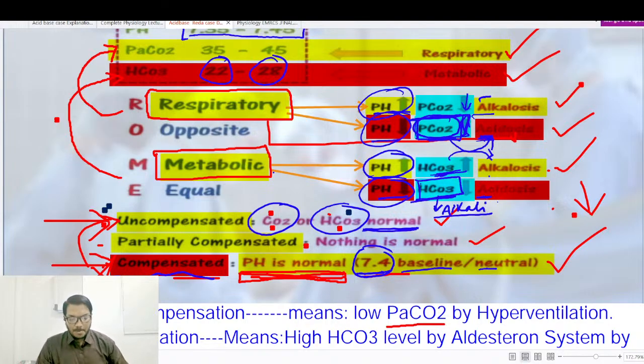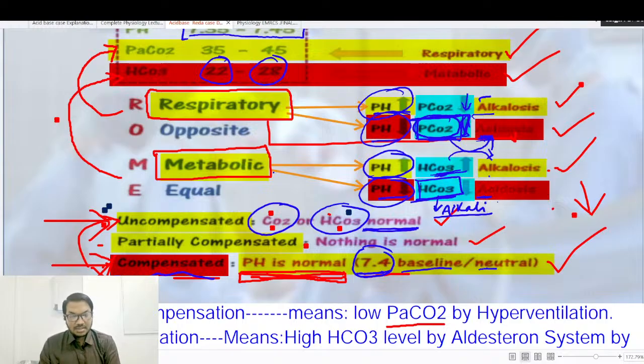Suppose you have no other previous history, nothing. You just go to the ABG report, arterial blood gas analysis. One shows the patient has severe imbalance, and another shows pH came to normal. pH came to normal, but the others still show some imbalance. But pH is in the normal range, which means it is compensated.